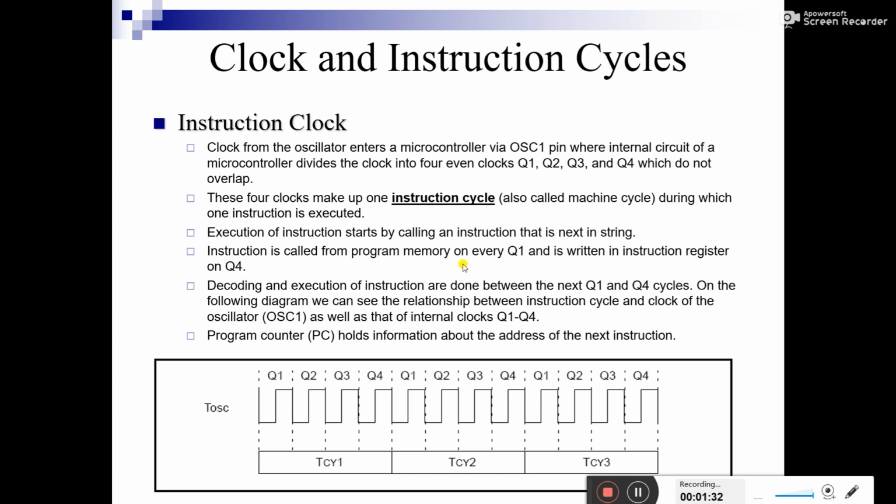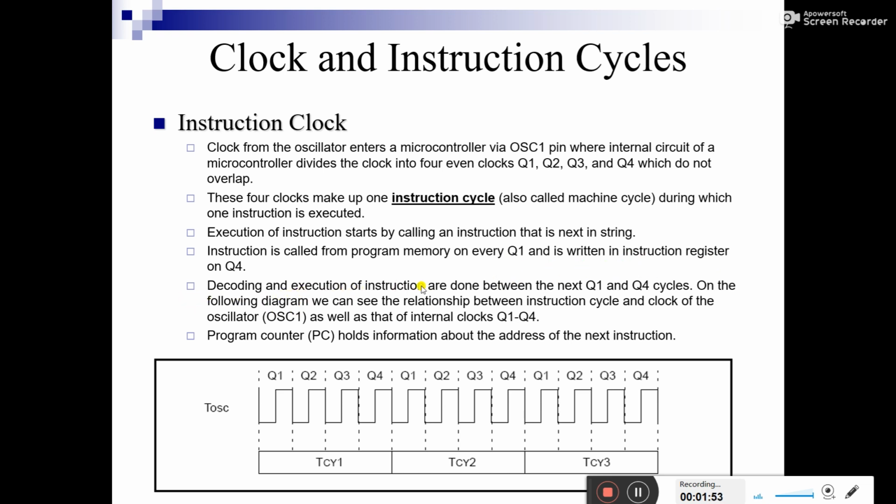So at the start of Q1, the instruction starts to be fetched from the memory, and by Q4 the instruction is written to the instruction register.